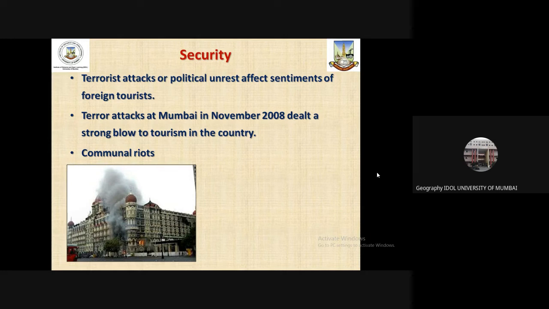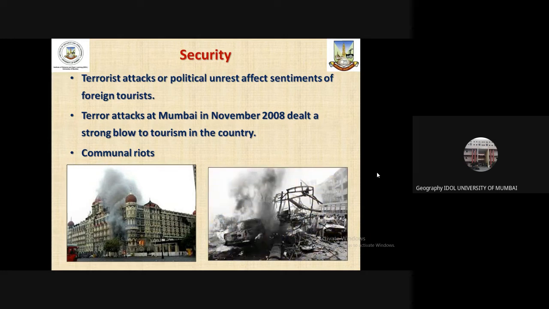For example, the terrorist attack in Mumbai on 26th November 2008 has affected the foreign tourism industry in India in the long run. And also communal riots are undoubtedly a reason by which people do not feel safe to come to India for tourism. And also the security of female tourists is at risk here.